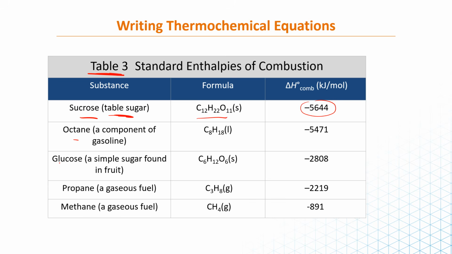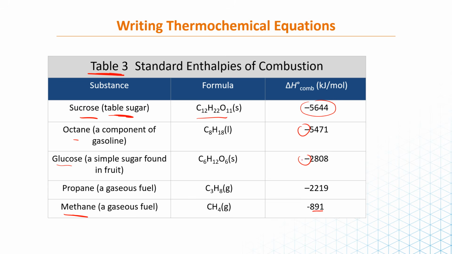If you burn glucose, all of you know glucose, right? You will get minus 2,808. If you burn methane, تعرفون الميثان صح؟ اللي هو غاز الاشتعال CH4.